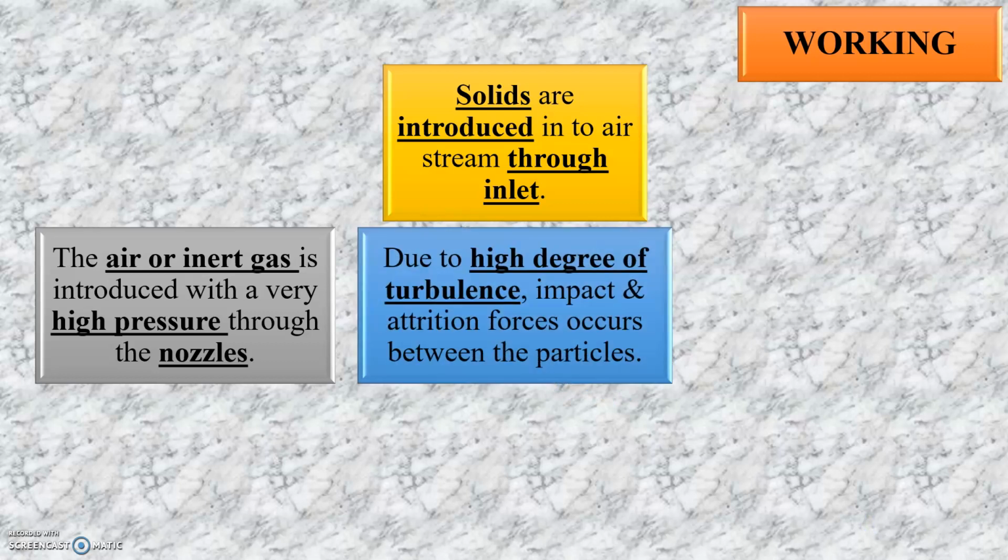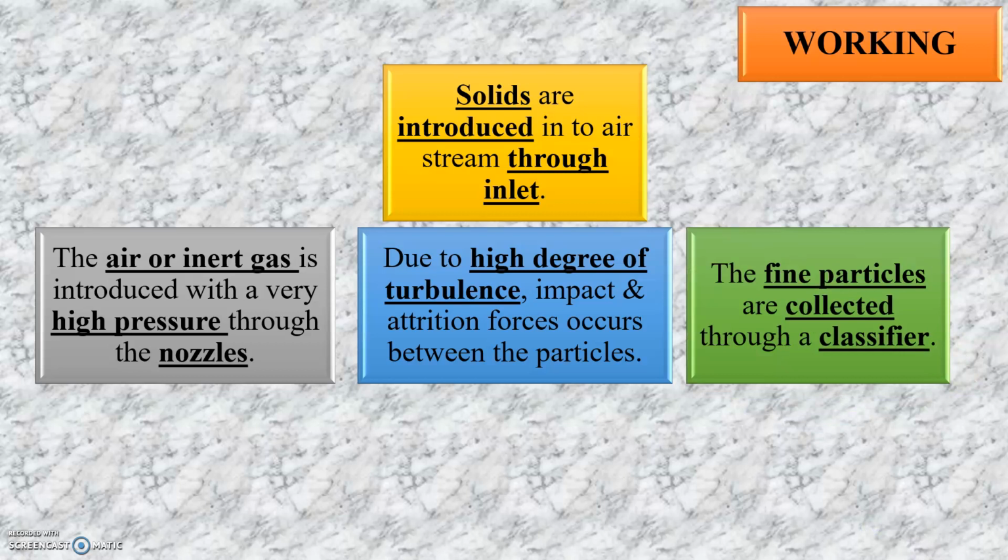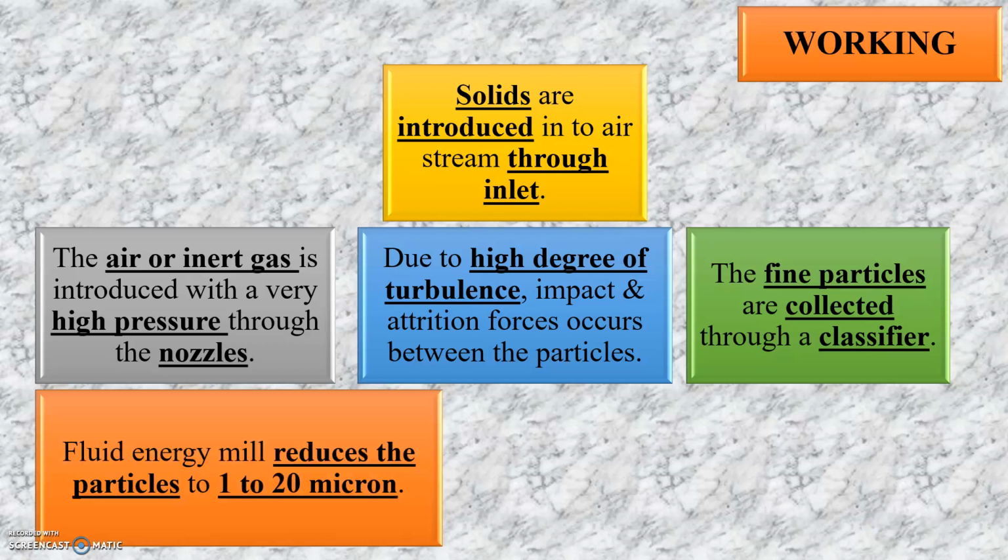Due to high degree of turbulence, impact and attrition forces occur between the particles. The fine particles are collected through a classifier. The fluid energy mill reduces the particles to 1 to 20 micron.